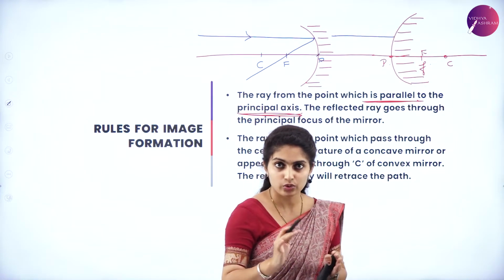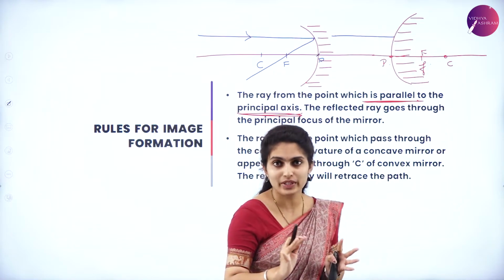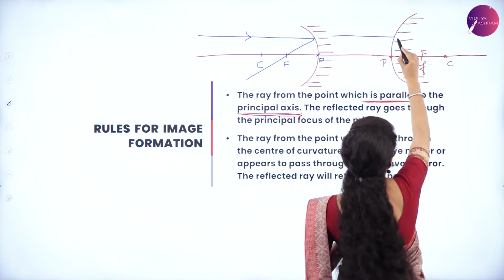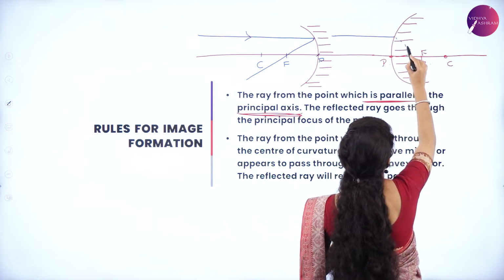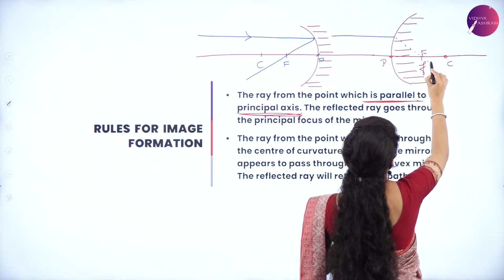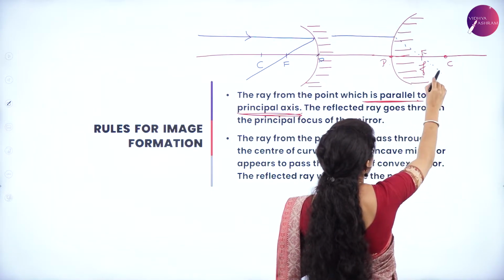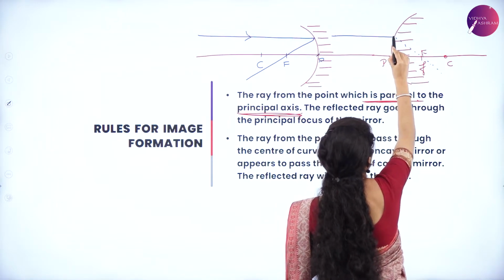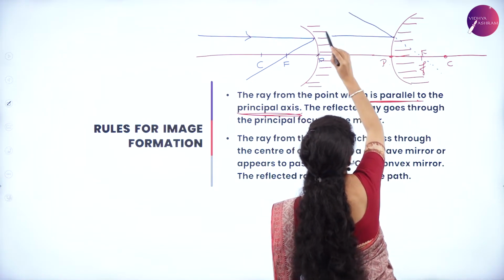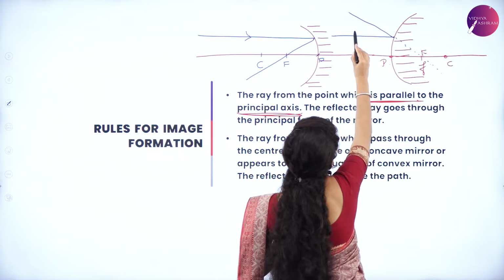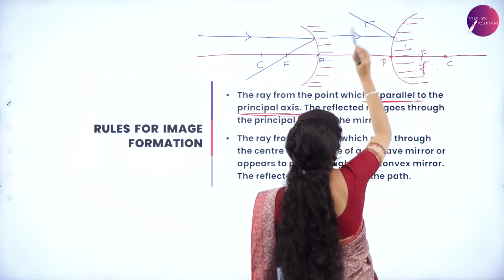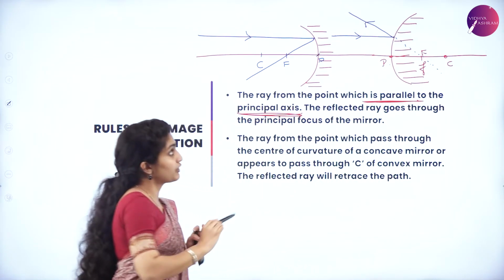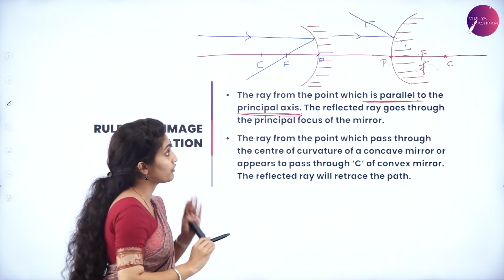It is not a real one, it's a virtual concept. So we just imagine that it is passing through the principal focus with the help of these dotted lines. The extension of these dotted lines is given in this manner, so we get to know the incoming rays and outgoing rays. This is how the reflection takes place in the case of the convex mirror.